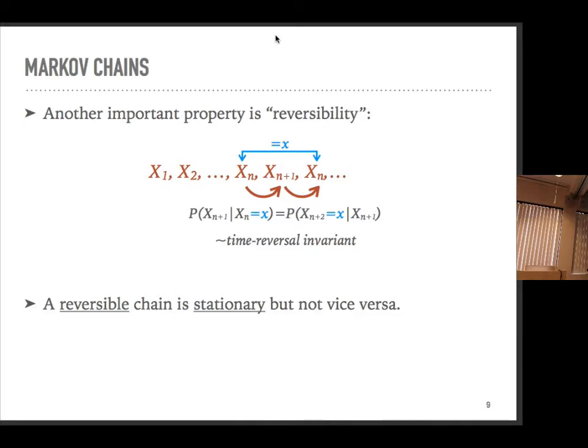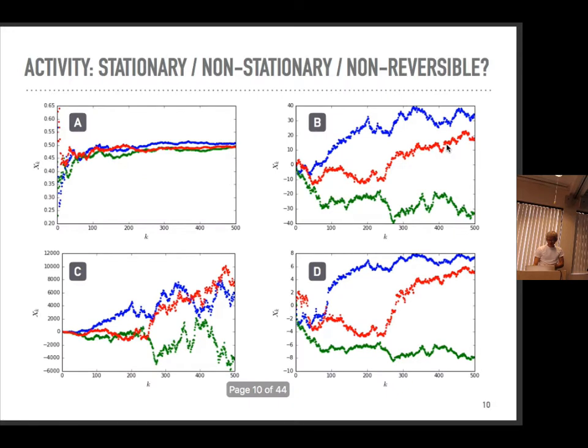But intuitively, it's basically like a backwards arrow. And then you can prove, and I'm not going to prove it here, that if a chain is reversible, it is stationary. So it's a relationship between those two properties, but not vice versa.